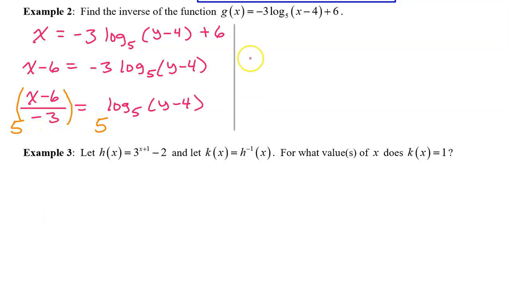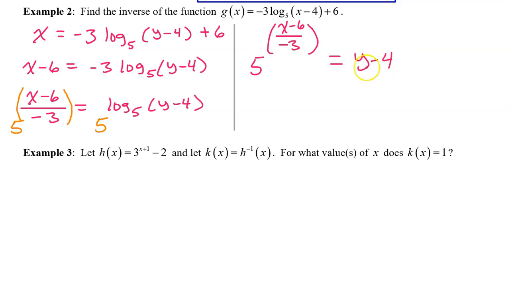On the left side, we have this wacky expression, 5 to the x minus 6 over -3 power. All of that is the exponent. On the right-hand side of the equation, the base 5 and the log base 5 cancel each other out, and we have y minus 4.